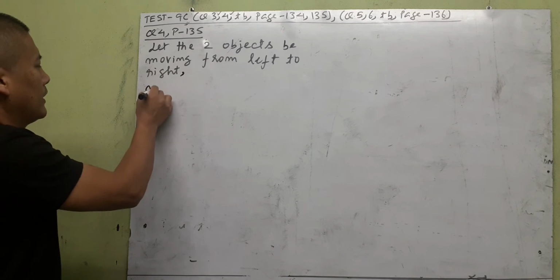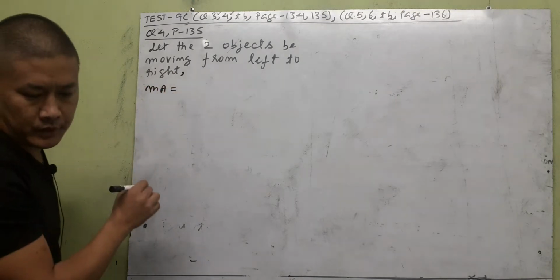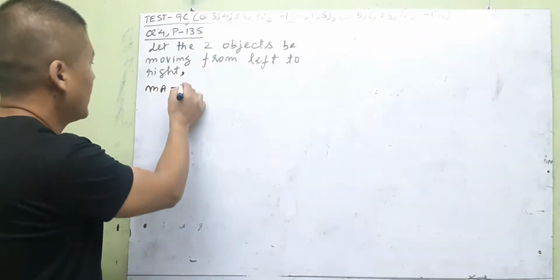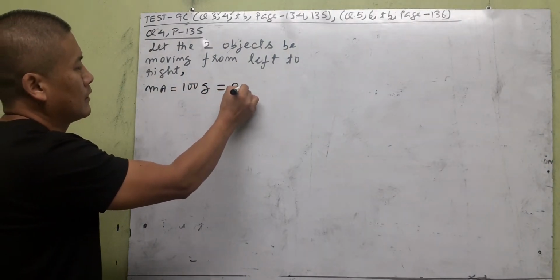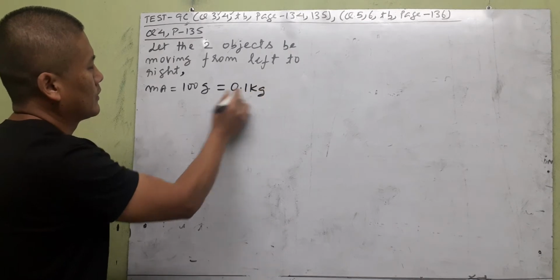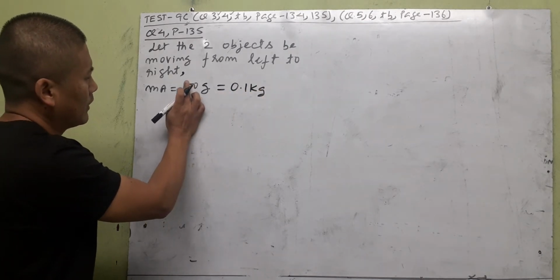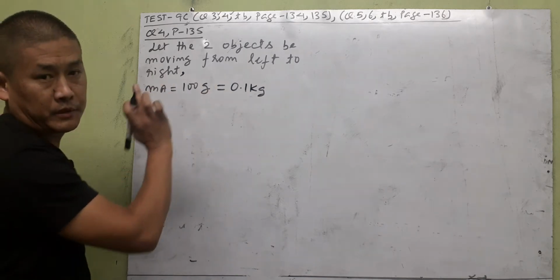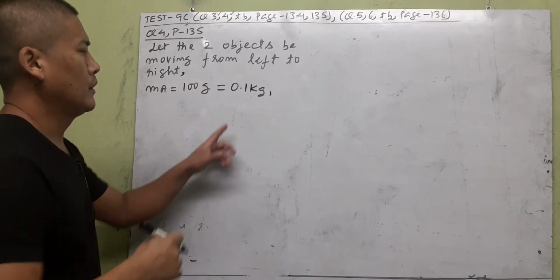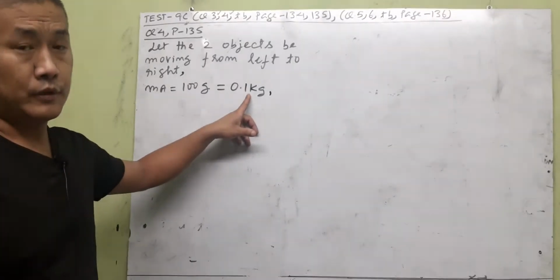So here, MA, mass of the first object, 100 gram. 100 gram divided by 1000 to change to kg gives 0.1 kg, because the 3 zeros in the denominator, 1, 2, 3, go to the left of 1. These zeros may not be written because the SI unit of mass is kg. That's why we're converting.